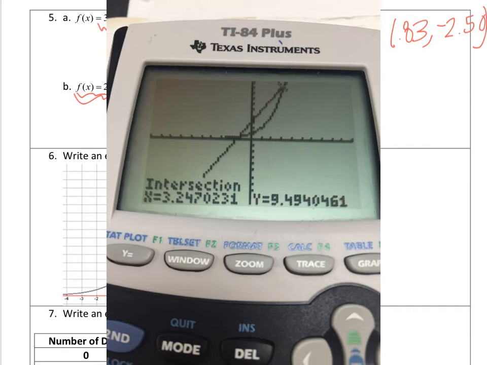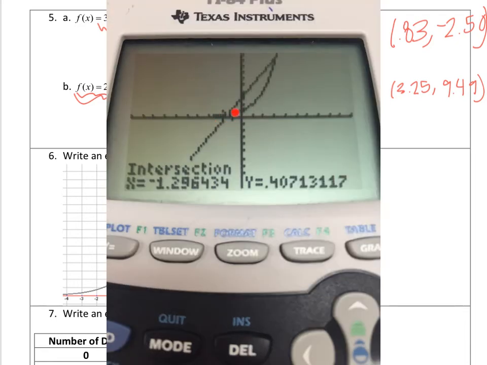So the top point I got for my x value is 3.25. So I'm rounding right here, 3.25. And my y value is 9.49. So that is, again, the top intersection point. Okay, let's get that bottom one.